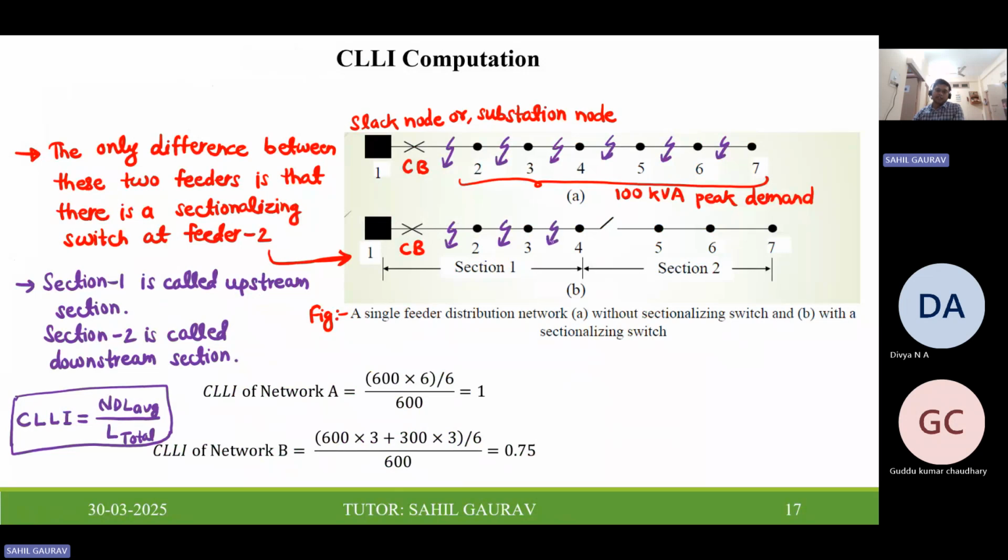And if the contingency happens at this line, all the load demand will be interrupted. And the same for this line. So that's why we have taken 600 into 3.